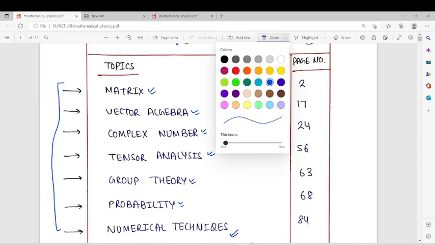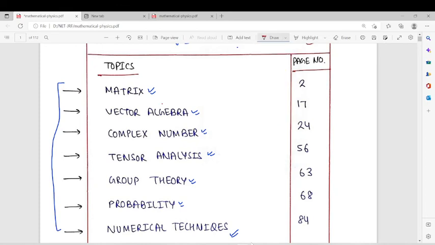First of all, the most important topic in physics is vector algebra. Why is vector algebra most important? Because it is mostly used in EMT, classical mechanics, quantum mechanics and all the physics branches.